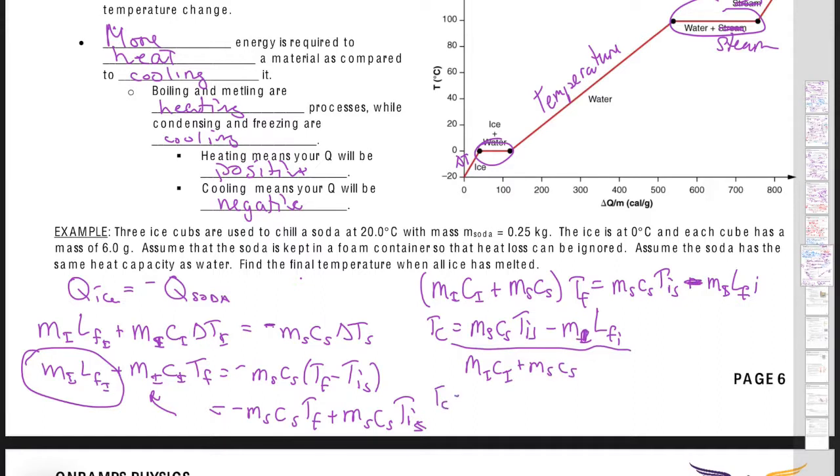Right, and now I can just plug in my numbers. So the mass of the soda is 0.25, right, 4186. They tell me the specific heat is the same as water, and it starts out at 20 degrees. Now, the LF for water is 333,400, and it's going to be joules per kilogram as our SI unit.